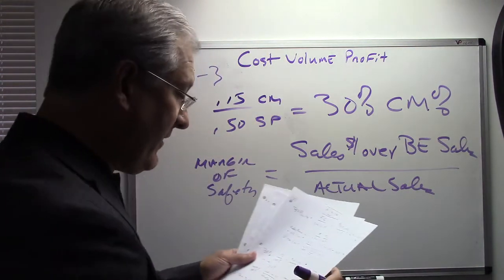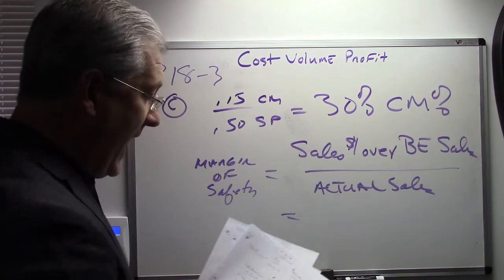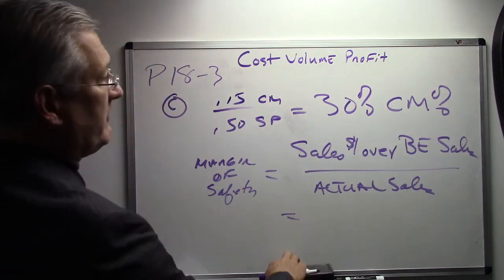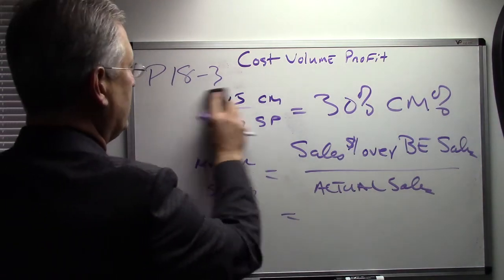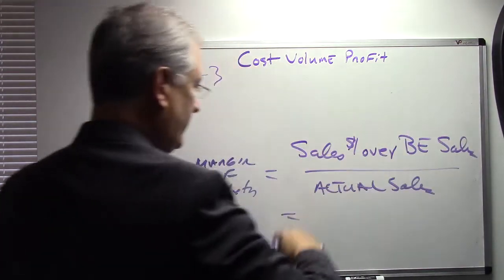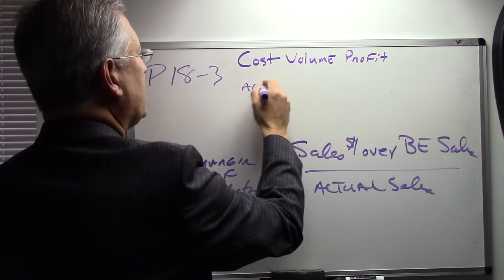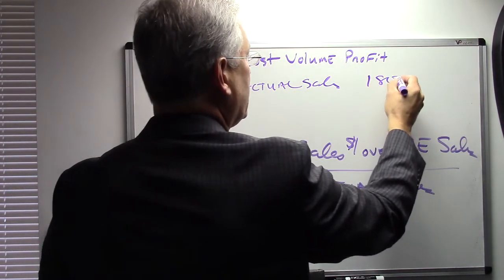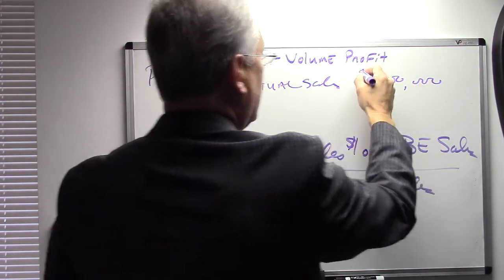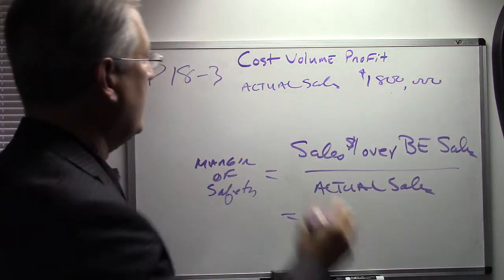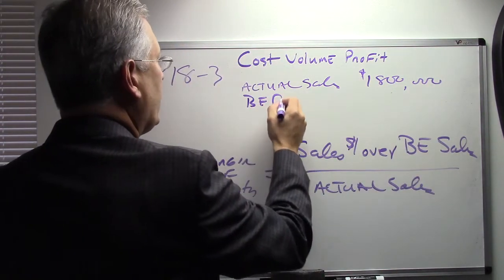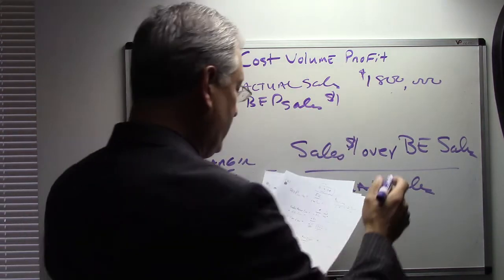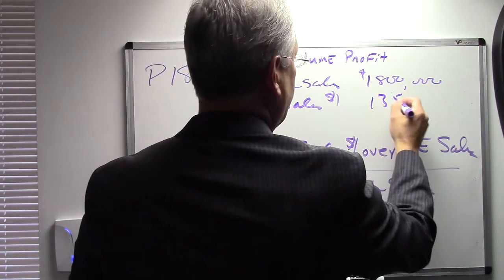So we calculated the actual sales to be, I'm looking for some room here, so I'm going to have to erase this top part here. We had actual sales of $1,800,000. We have break-even point sales dollars at 1,350,000.